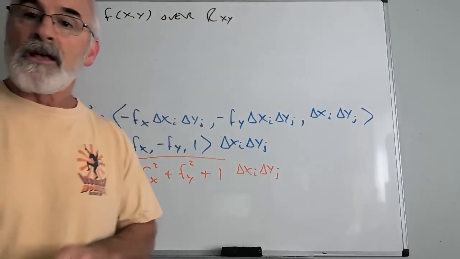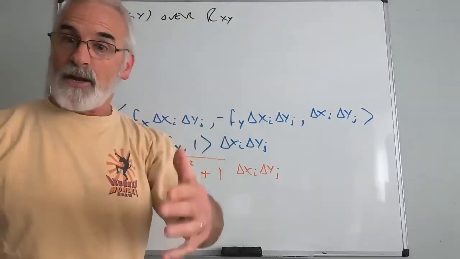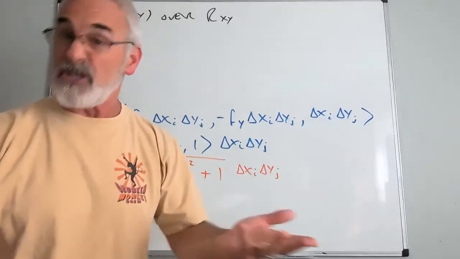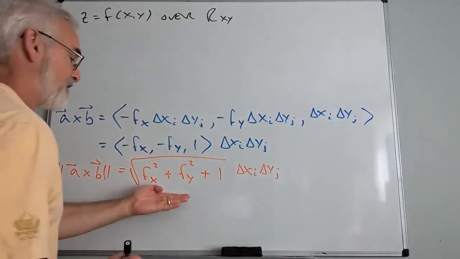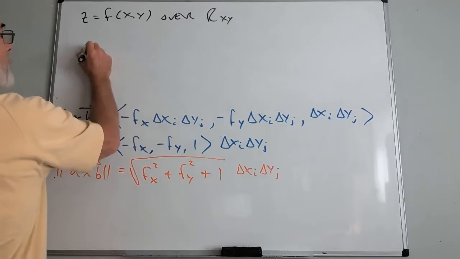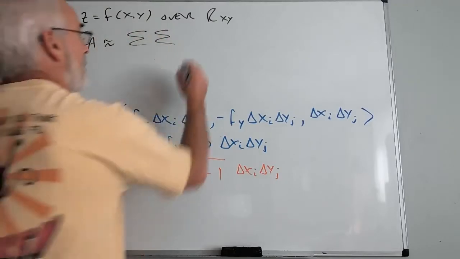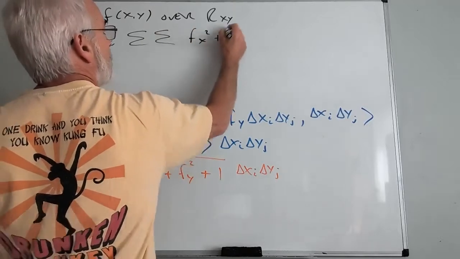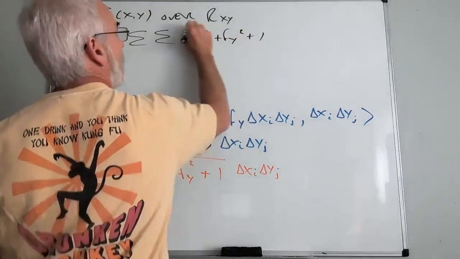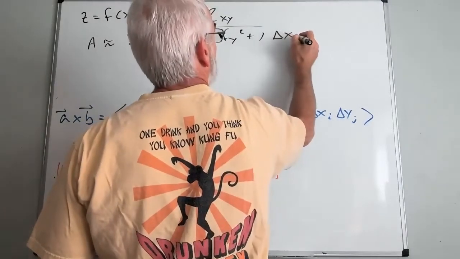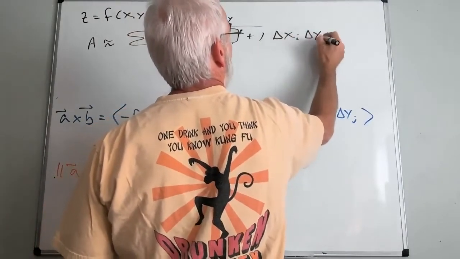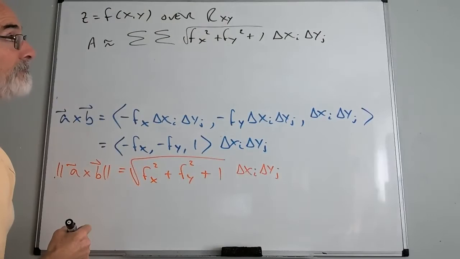That's what it is. So what we need to do is add up all of the individual sequins, if you will. So I'm going to do the double sum of this. A reasonable estimator of the area would be the sum of the square root of fx squared plus fy squared plus 1, times delta xi and delta yj. We do the double sum.